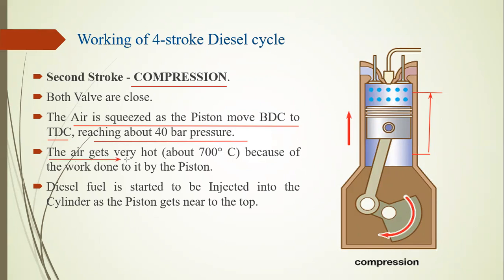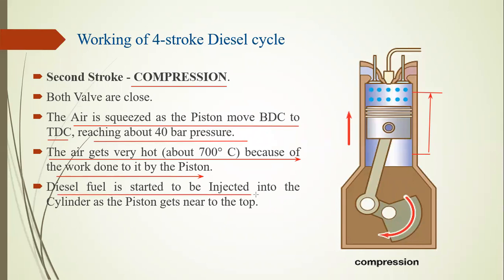The air gets very hot, about 700 centigrade, because of the work done on it by the piston. The piston compresses the air and the pressure increases, and in parallel the temperature rises up to 700.